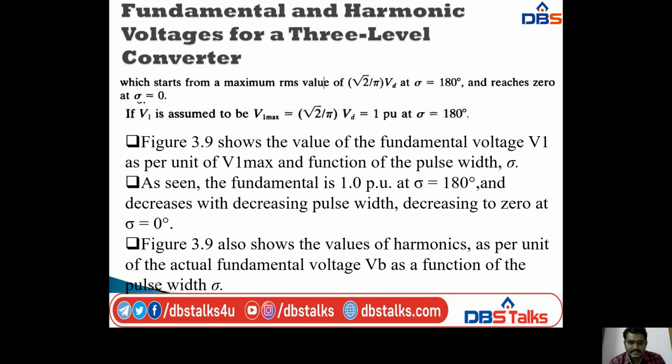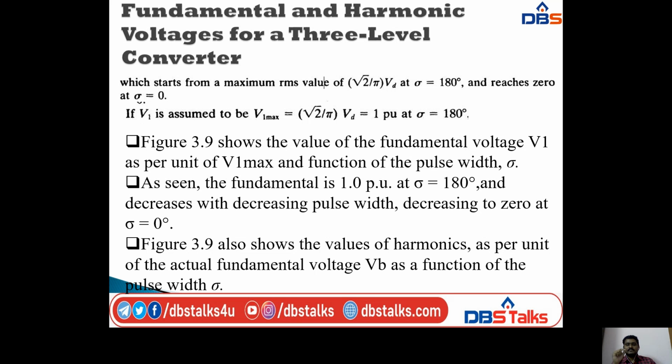It starts from a maximum RMS value of root 2 by pi into Vd at sigma equal to 180 degrees and reaches 0 at sigma equal to 0 degrees. If V1 is assumed to be V1 maximum, that is root 2 by pi into Vd, that is equal to 1 per unit at sigma equal to 180.